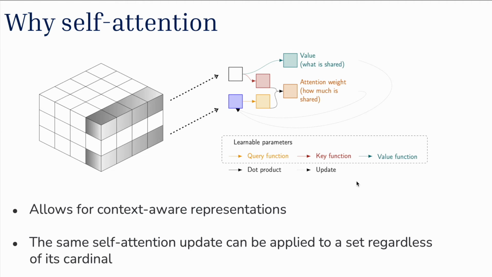Why do we use self-attention? In a nutshell, self-attention is a mechanism which allows us to update the representations of a set of objects, allowing them in a certain sense to share information among them, resulting thus in some new context-aware representations.